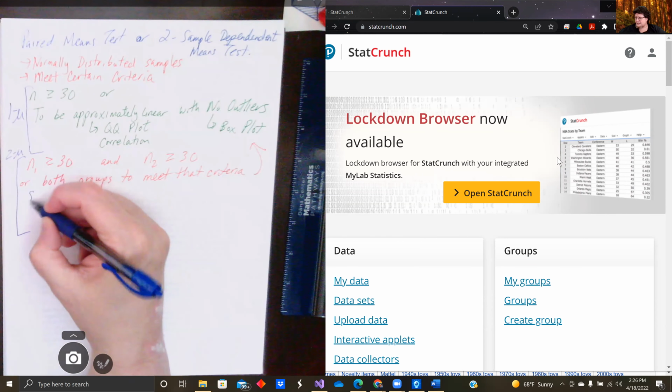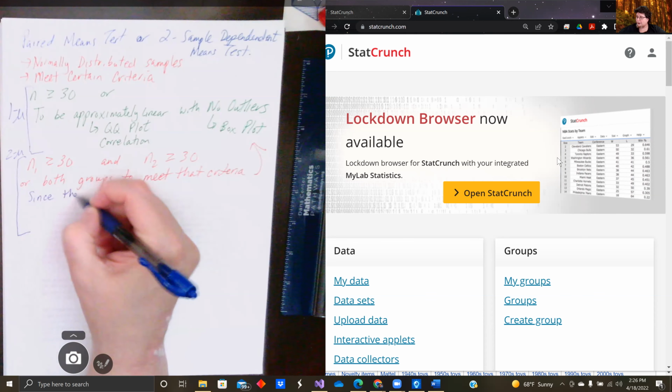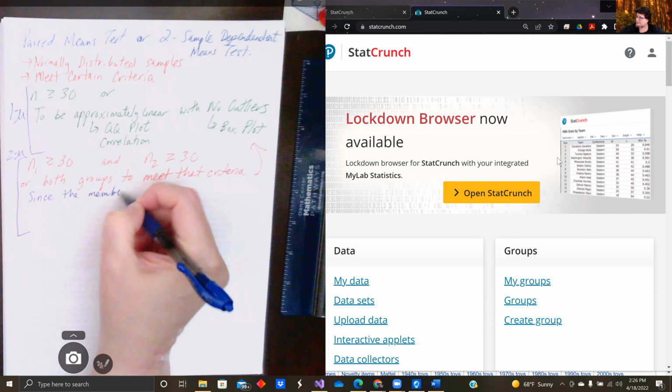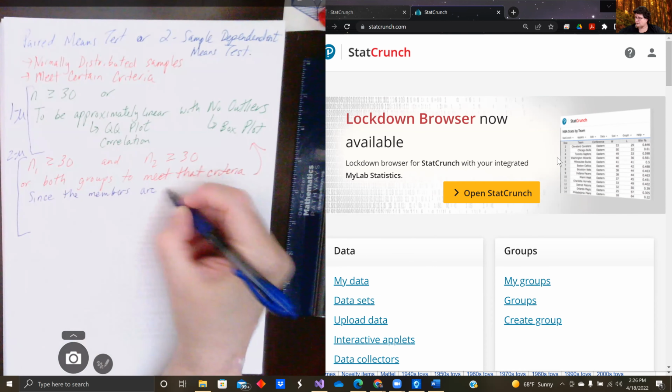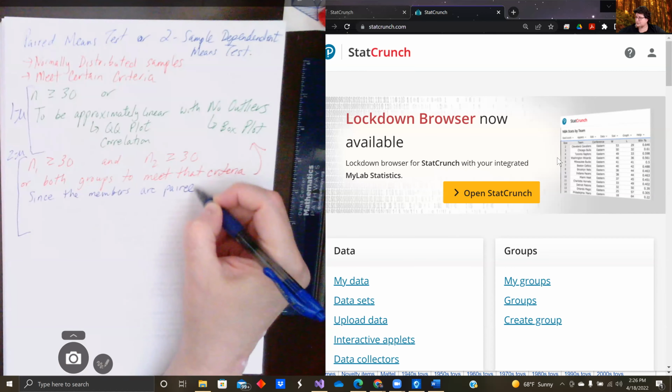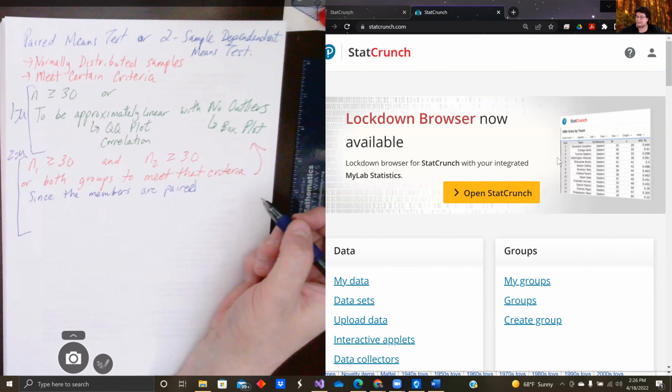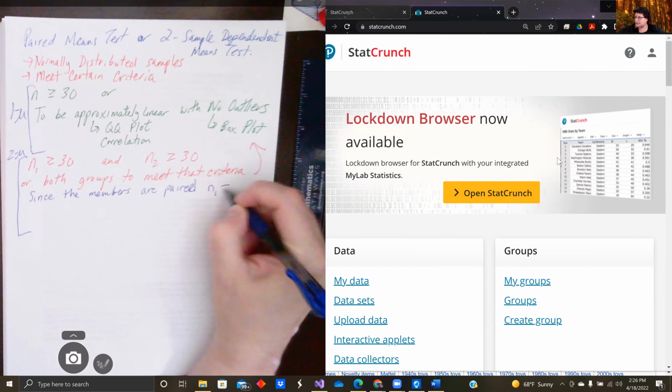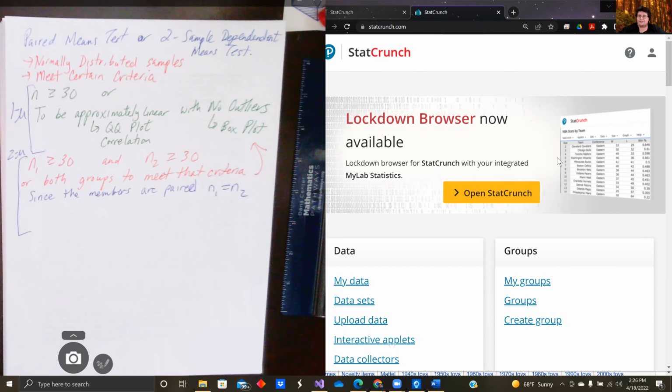Since the members are paired, it means we should have the same sample size. N1 should equal N2. If I've got 30 Motel 6s and 31 Hiltons, I can't pair them up. So they got to be paired.